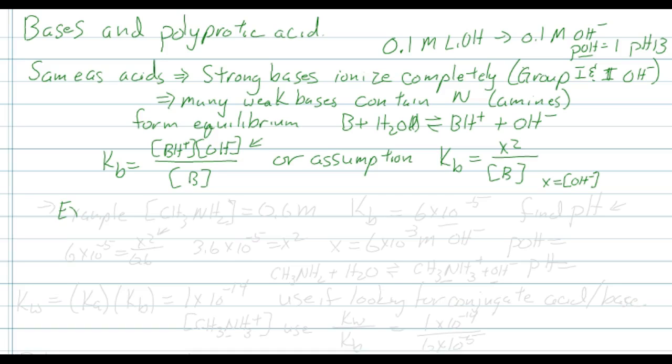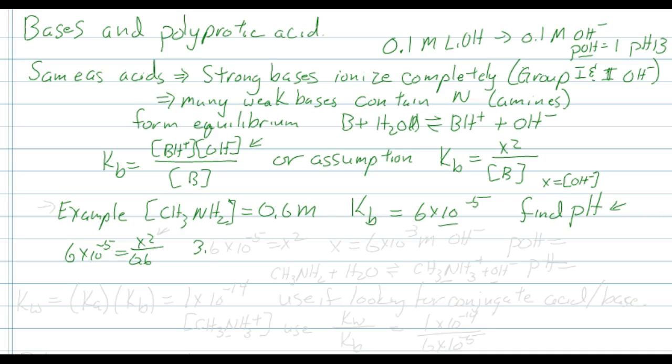Example, mathematical example. The concentration of CH3NH2 is equal to 0.6 molar. The Kb is 6 times 10 to the negative 5th. Find the pH. pH, careful. Shortcut, it's the only thing there that has less than 10 to the negative 4, so let's go with the shortcut. 6 times 10 to the negative 5 equals x squared over 0.6.